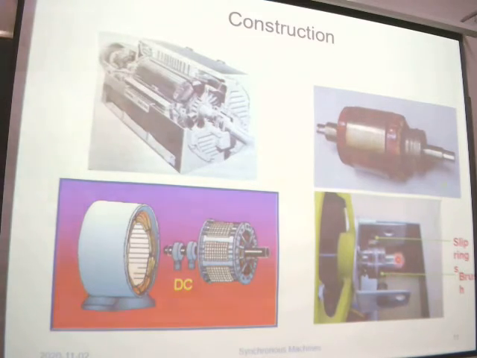The wound rotor type of induction motor also has slip rings, but it has three rings because it's three phase. But here just two rings, because the current in the rotor is direct current.